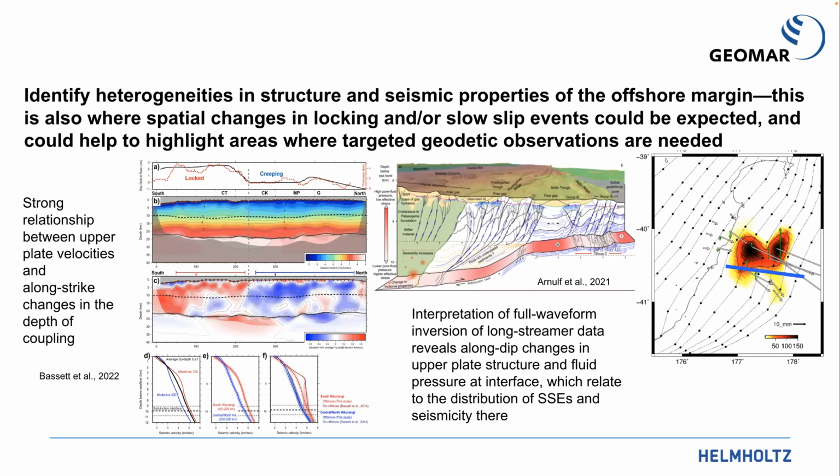And I think that having much more context in terms of the imaging of the structure and the seismic properties could provide a really useful guide for where targeted geodetic observations would be most valuable, because you are still dealing with a really big piece of real estate and some narrowing down is going to have to be done.